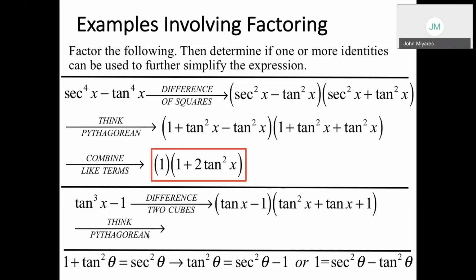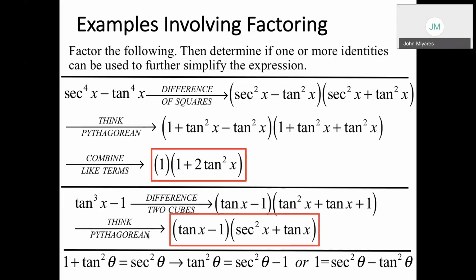In the first factor, there are no squared terms, but in the second factor, there is both a tangent squared and a 1. So substituting that in will get this to look like tangent of x minus 1 times the quantity secant squared x plus tangent x.